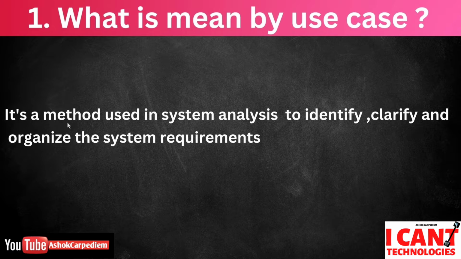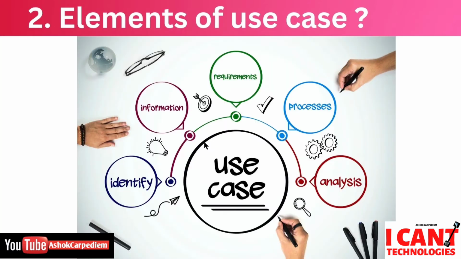A use case is a method used in system analysis to identify, clarify and organize the system requirements. So what are the elements of a use case? To make a case study, I will tell you what it means. For example, one lawyer gets a case, like a theft case or a murder case.